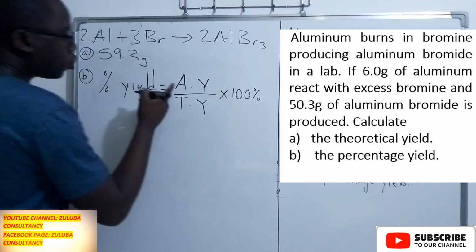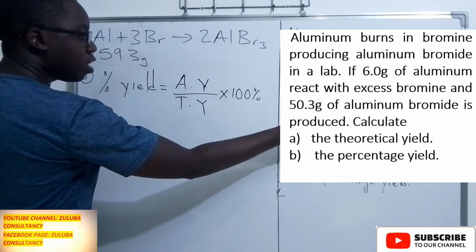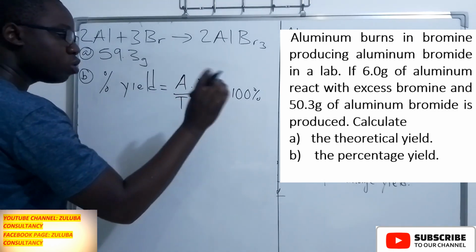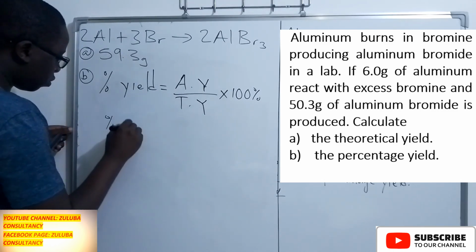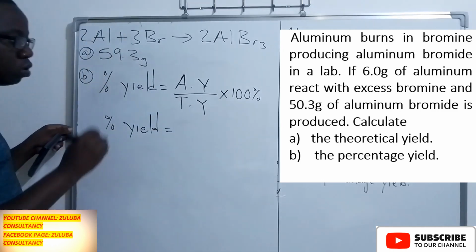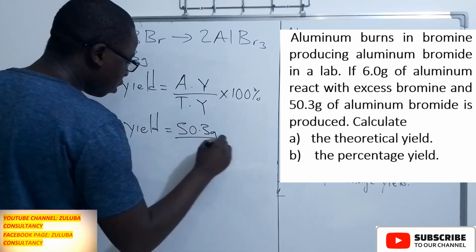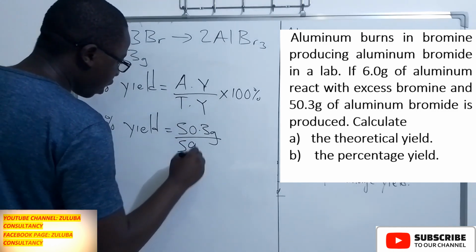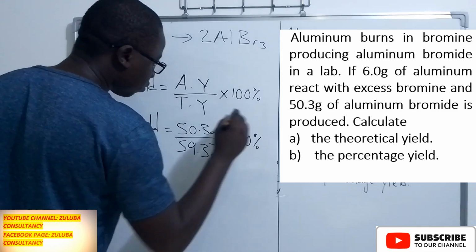So we have the actual yield, which is the mass that was actually produced when this reaction was happening, and what was produced in the lab. So the percentage yield will be equal to, what was produced in the lab is 50.3 grams. Then what can be produced by theory is 59.3 grams. We multiply this by 100%.